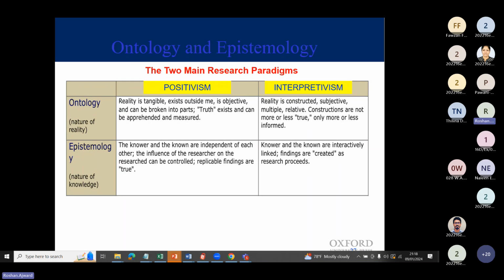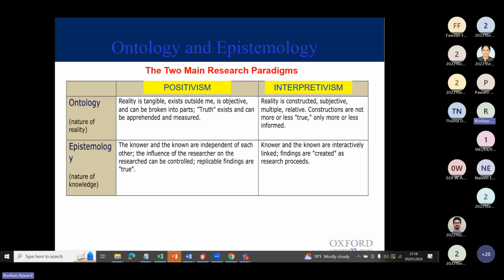It's like two religions. In one, there's one objective reality, the researcher and the research are two different things, and you do an experiment and find out the truth. But interpretivism says no, there are multiple realities.